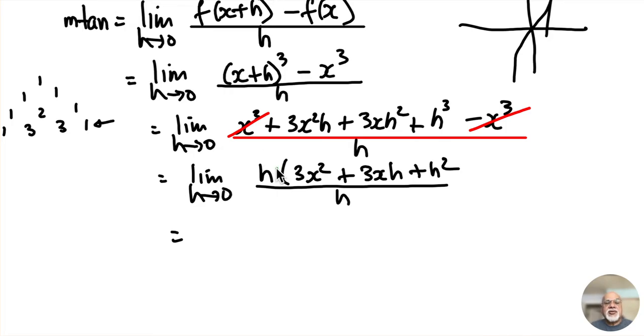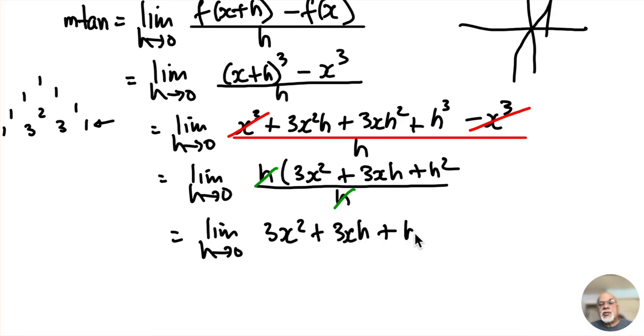The h's cancel, and so we end up getting the limit as h goes to 0 of 3x squared plus 3xh plus h squared. Now, as h goes to 0, this term is going to go to 0. This term is going to go to 0 because h is 0. And 3x squared doesn't depend on h. And so this is just equal to 3x squared.